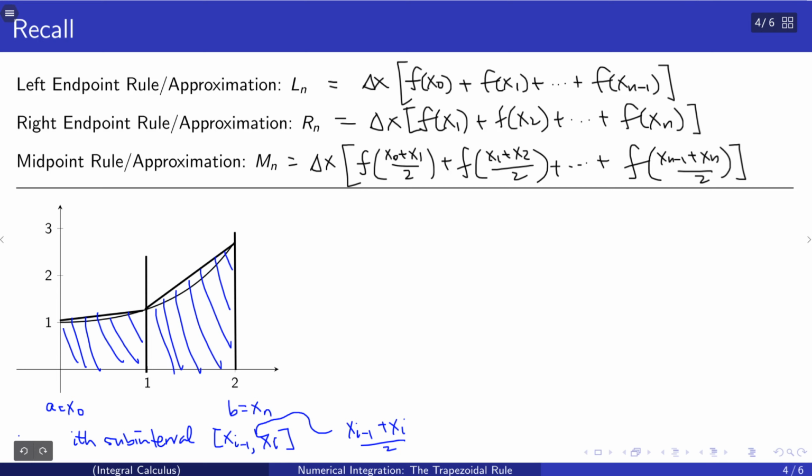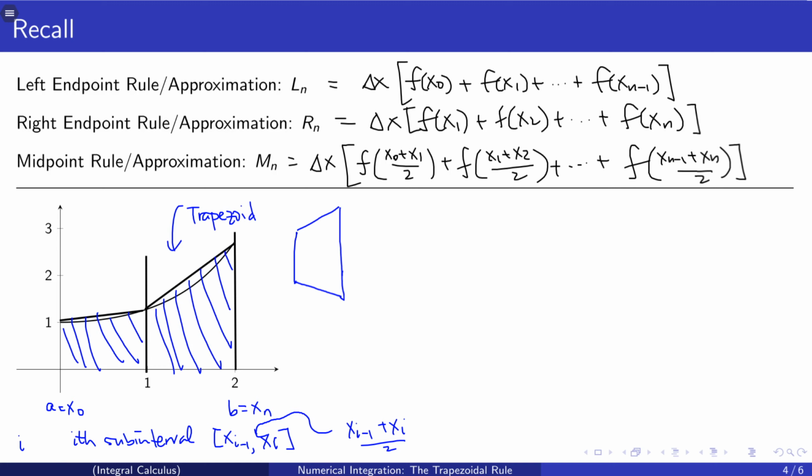And so using this rule, we're kind of following the path of the function here. So how do you compute the area here? Well, as I mentioned in the title of this video, this is a trapezoid. And what is a trapezoid in the first place? It's a four-sided figure with one pair of parallel sides.